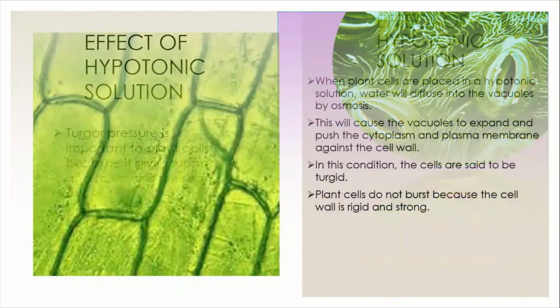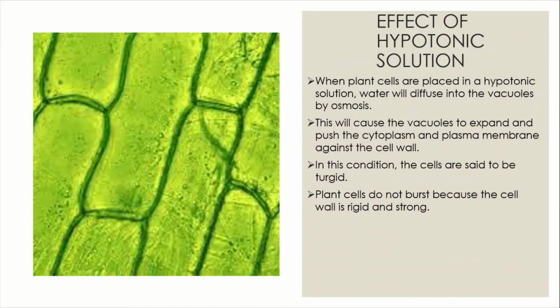When a plant cell is placed in hypotonic solution, hypotonic solution means that it has low solute concentration, high water potential, compared to plant cell which has low water potential and high solute concentration.